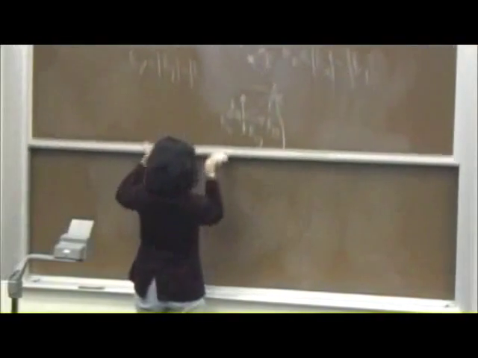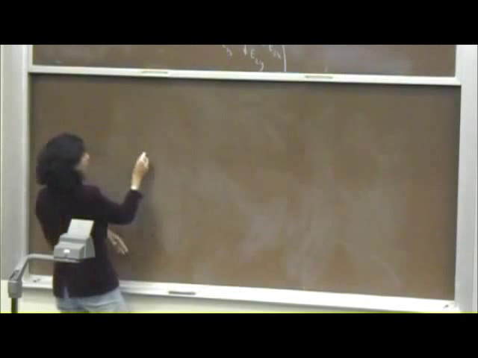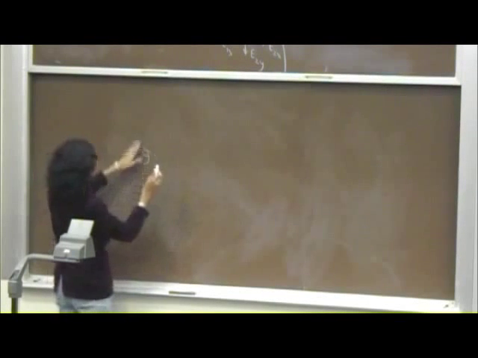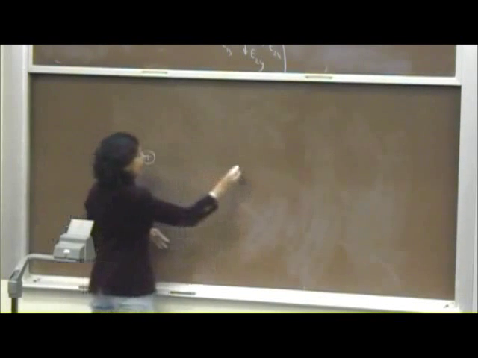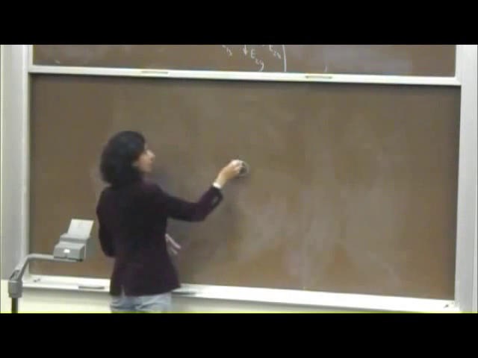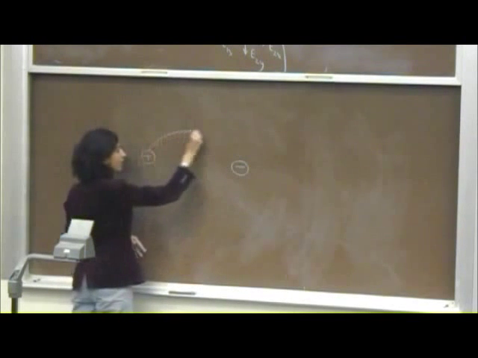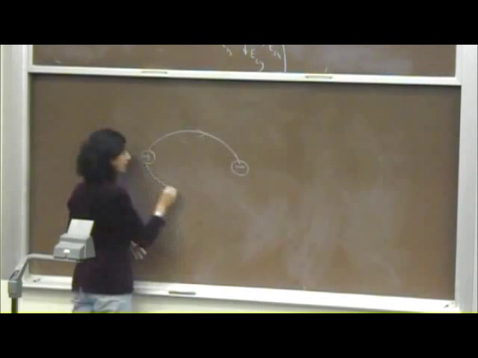In this case, I can do exactly the same kind of thing. And if you do that, this is what you will find. You will find that the electric field lines always point away from positive charge towards negative charge.